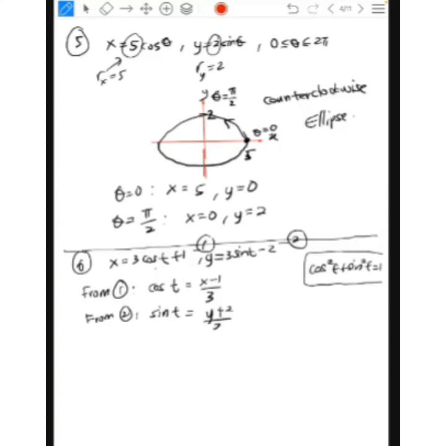So when you want to use the identity, it is cos squared t plus sine squared t equals 1. What is the cos? Cos is x minus 1 over 3, squared, plus, and then look, the sine is y plus 2 over 3, squared, equals 1.